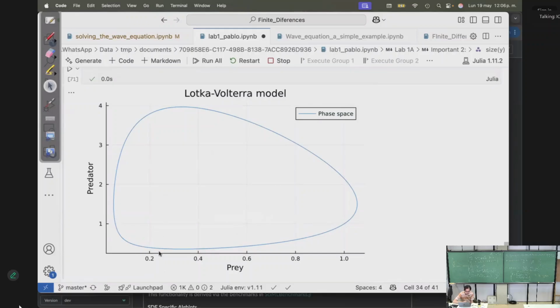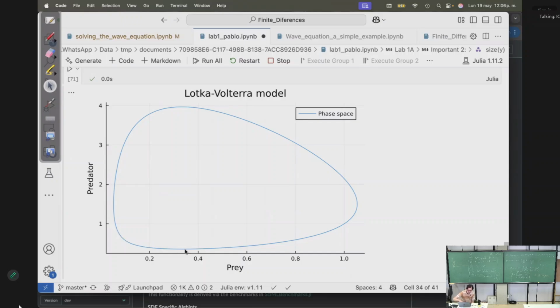So this is what we are actually seeing, right? This is the amount of prey and the amount of predator in a loop. So we start with a very small amount of prey, and this starts growing exponentially until there is a point that the predator population starts to increase. Okay, and the prey population will start going down while the predator population is increasing, and then again the predator population will go down until the prey population can start increasing again.